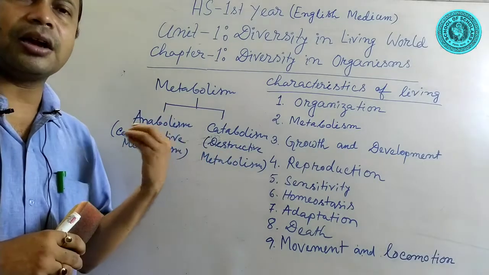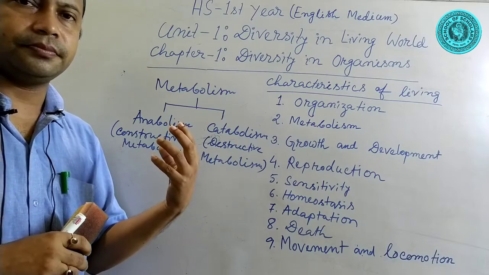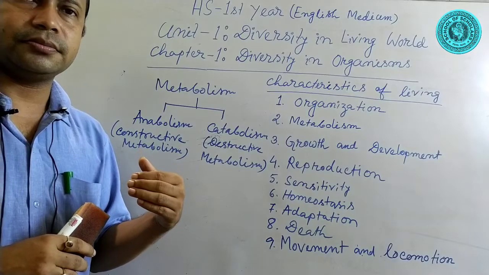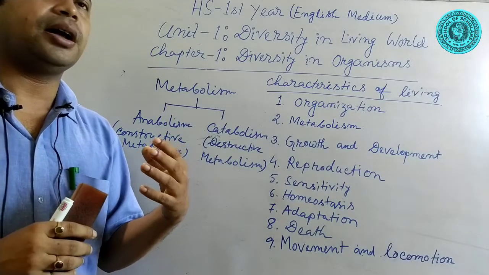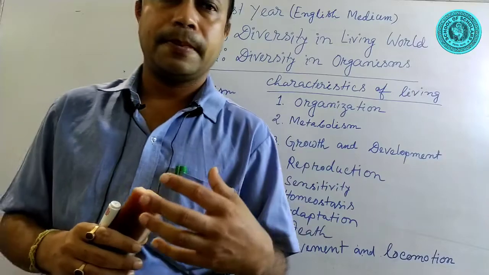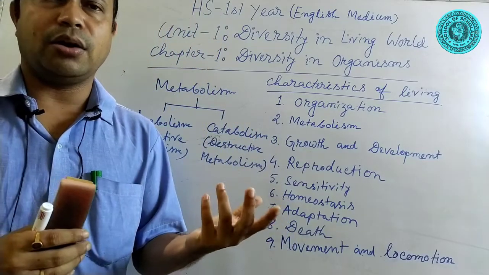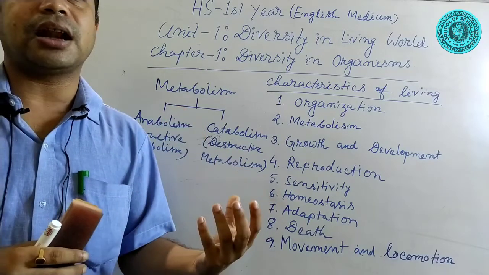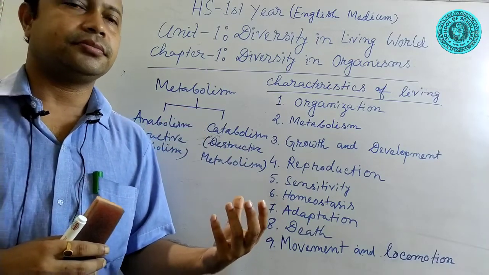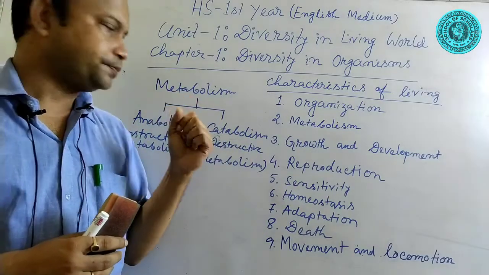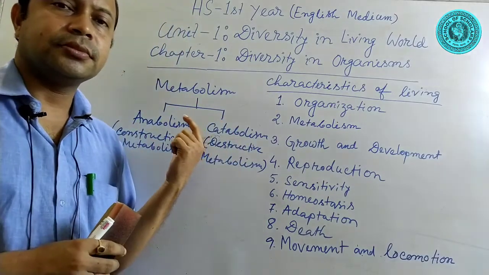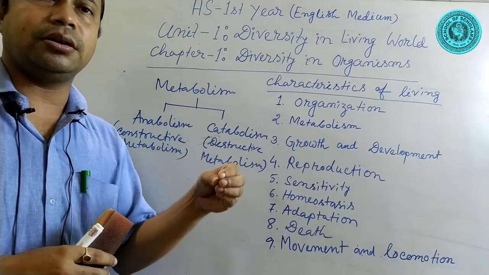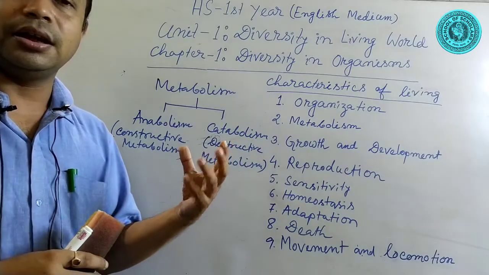In this process, the dry weight of the body increases. What do you mean by dry weight? Dry weight means the total weight of the dry or living materials other than the water of our body. In this process, dry weight increases. Why does it increase? Because in this process small molecules are aggregated to form large size molecules.